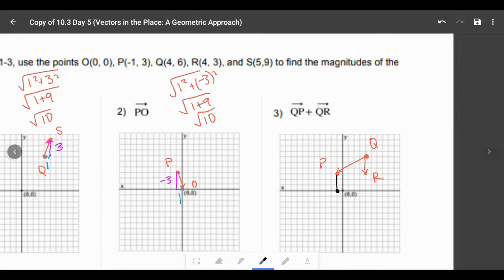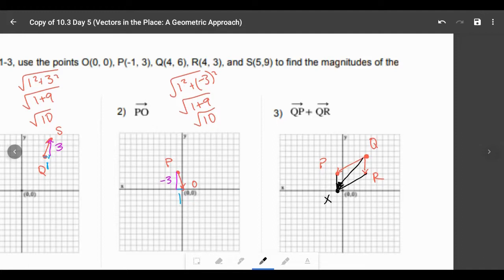And I know that this should be the parallelogram that I'm looking at. And so this new point, let's just call it X. From Q to X, that's going to be the addition of these two vectors.